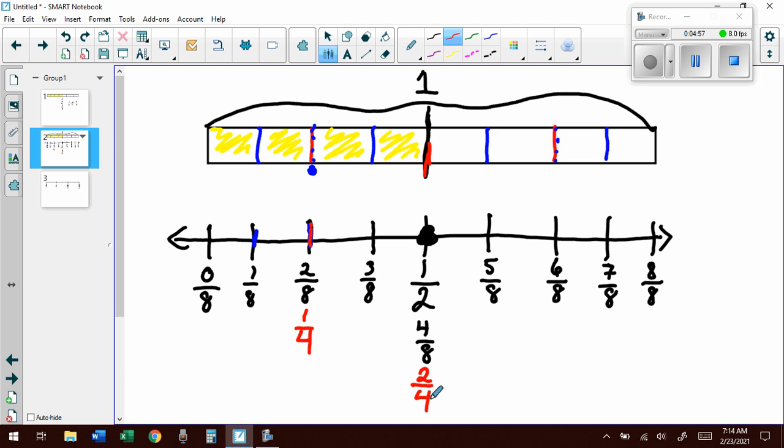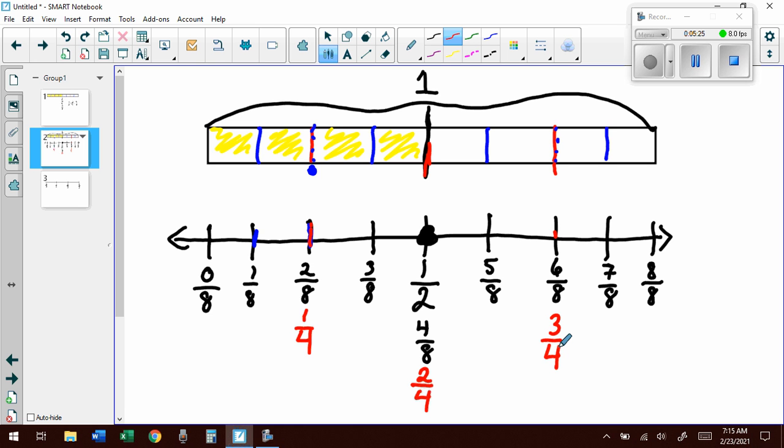So 1/2 and 4/8 and 2/4 are equivalent. 5/8. And if we look at 6/8, that has a red with it. So 6/8 equals 1/4, 2/4, 3/4. 3/4 and 6/8 are equivalent.